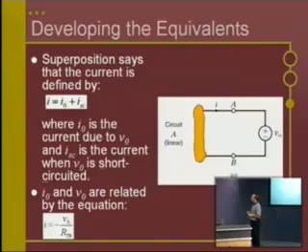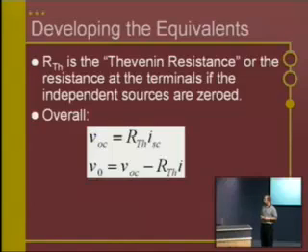And the relationship between those two, the open circuit voltage and the short circuit current, the ratio between them gives you the Thevenin resistance, or the equivalent resistance seen looking in when all of the sources have been turned off in the appropriate way. And so that gives us these Thevenin equivalents.